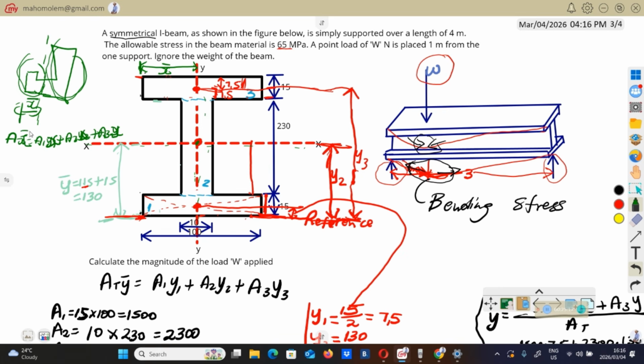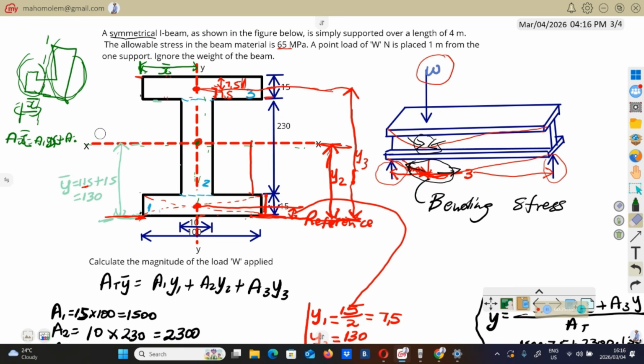This time, because this thing is symmetric about this y line, we're not going to calculate x bar using this formula. If you want to, you can still use it, but you will waste time.